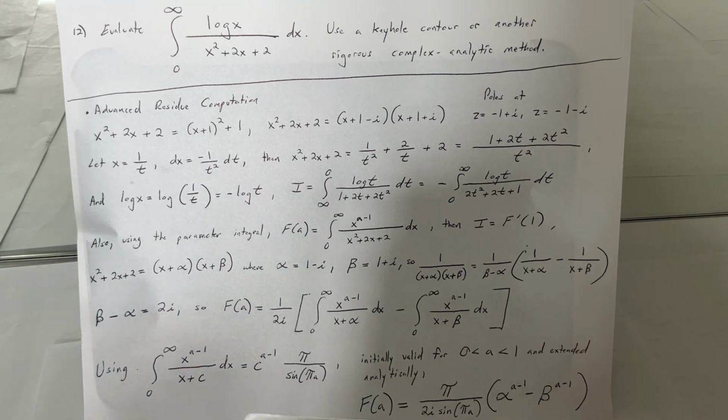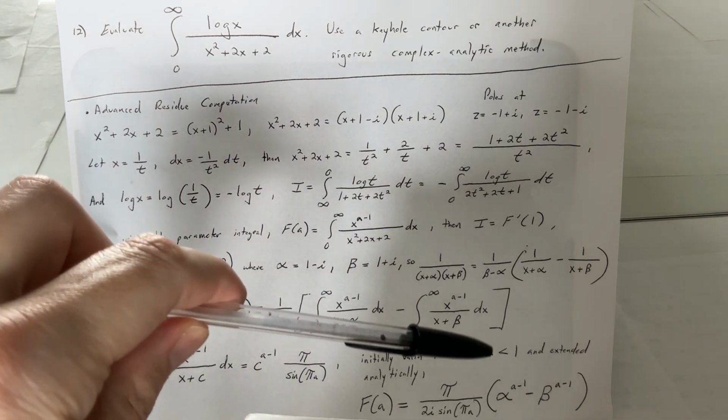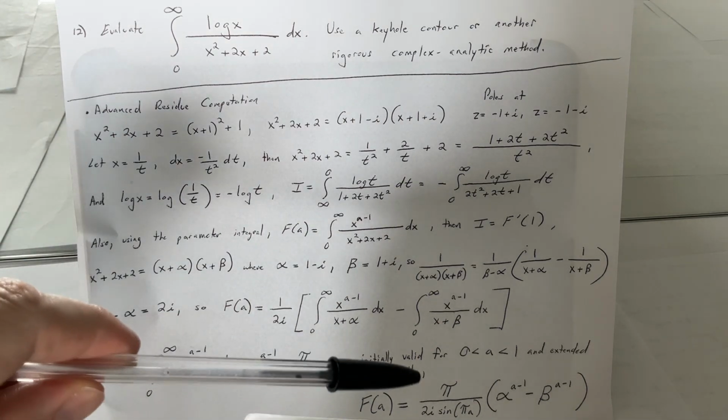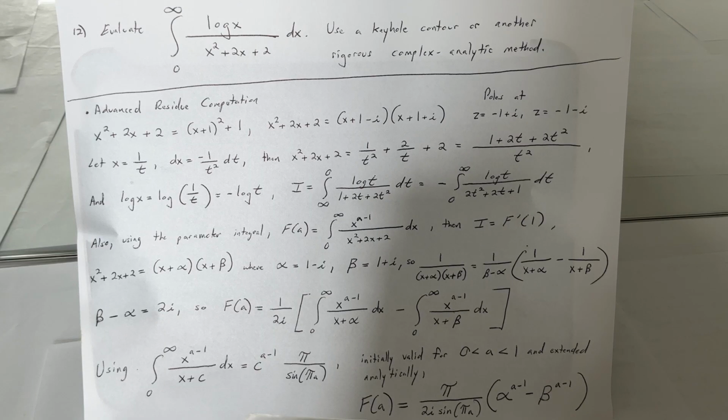And using here this integral from 0 to infinity x to the a minus 1 over x plus c dx, that's going to be equal to c to the a minus 1 times pi over sine pi a. It's initially valid for 0 less than a less than 1. And extended analytically, f of a equals pi over 2i sine of pi a times the quantity alpha to the a minus 1 minus beta to the a minus 1.